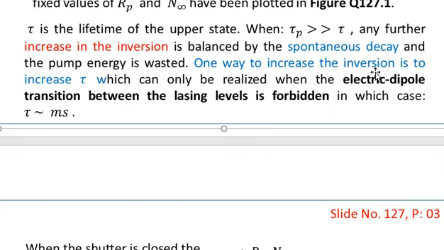So one way to increase the inversion is to increase tau, which can only be realized when the electric dipole transition between the lasing levels is forbidden.